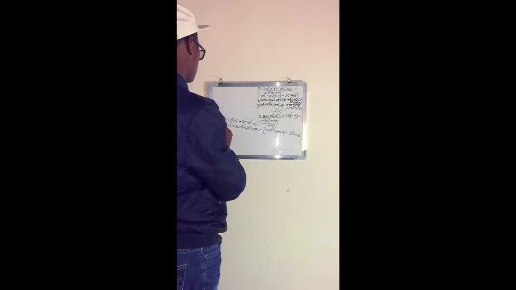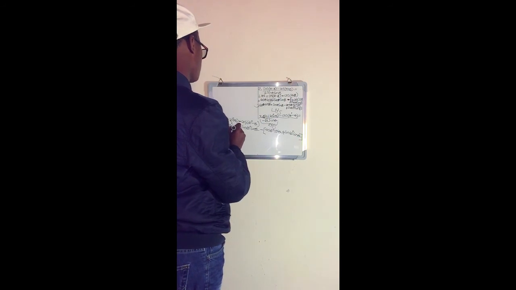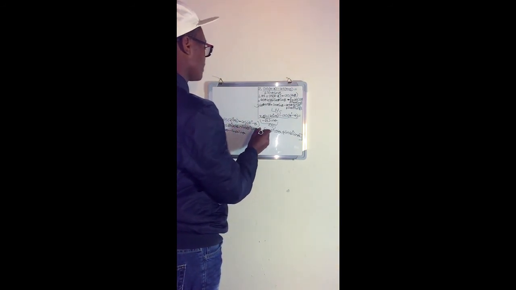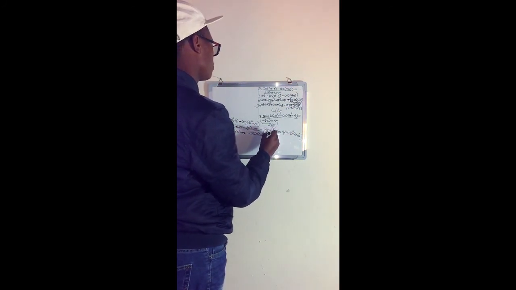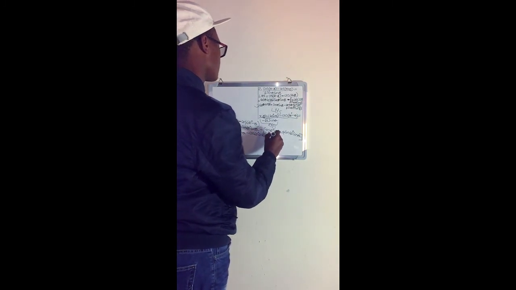So it means it is equal to cos 60 cos theta minus sin 60 sin theta, and then negative times positive is going to be negative cos 60 cos theta, and then negative times positive is going to be negative sin 60 sin theta.